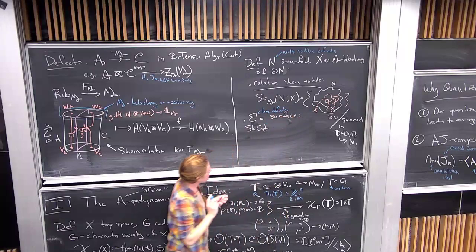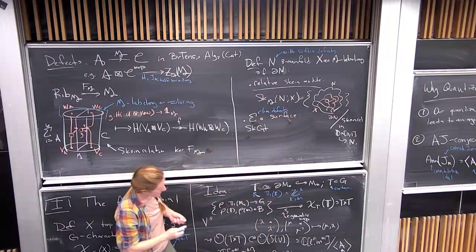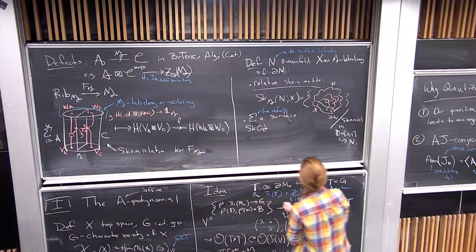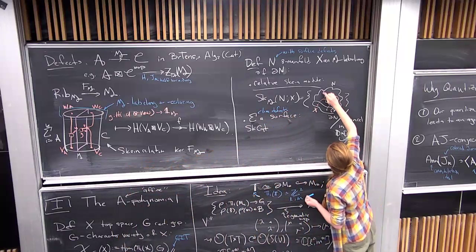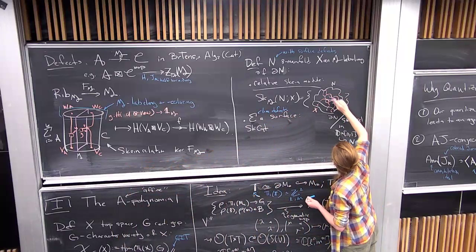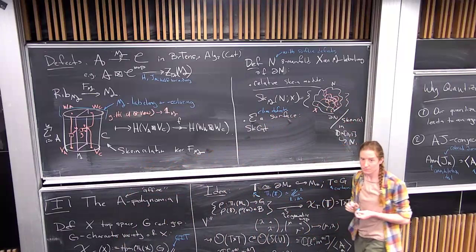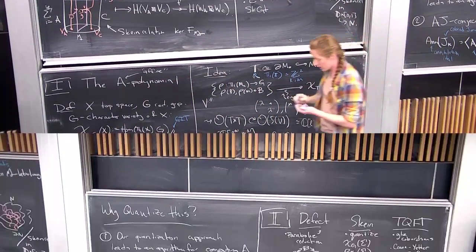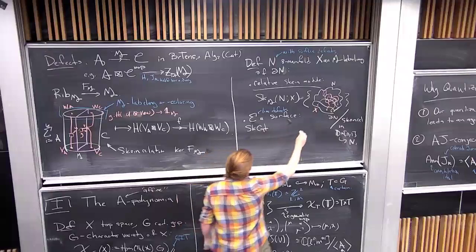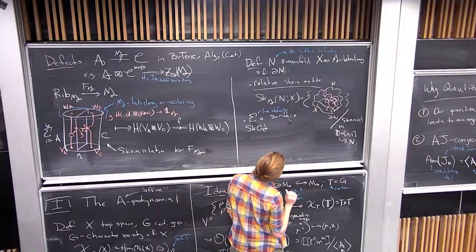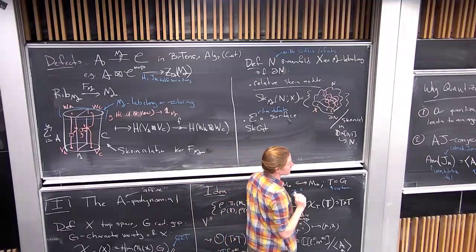Your first one has a defect in it somewhere? Yeah, I didn't draw it. So now I can have a surface on the boundary.